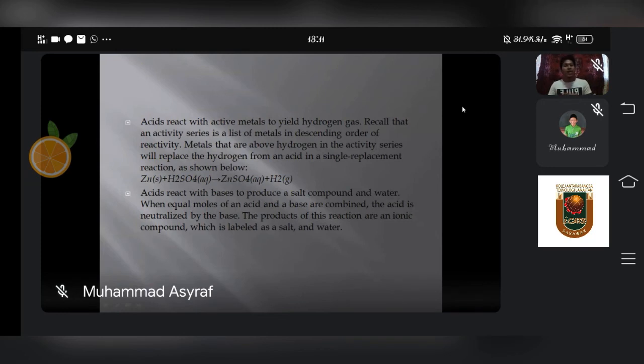Acids react with bases to produce a salt compound and water. When equal moles of an acid and a base are combined, the acid is neutralized by the base. The products of this reaction are an ionic compound, which is labeled as a salt, and water.